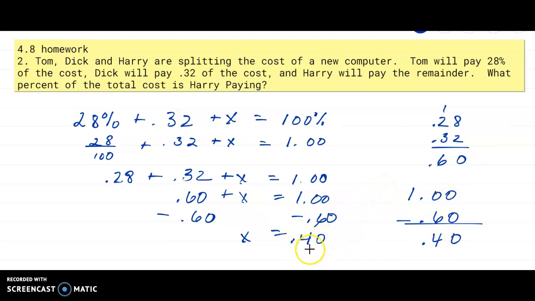And now I need that as a percent. So 0.40 is equal to 40 over 100, and that is equal to 40%. So I'm going to put x equals 40%. So that means that Harry is paying 40%.